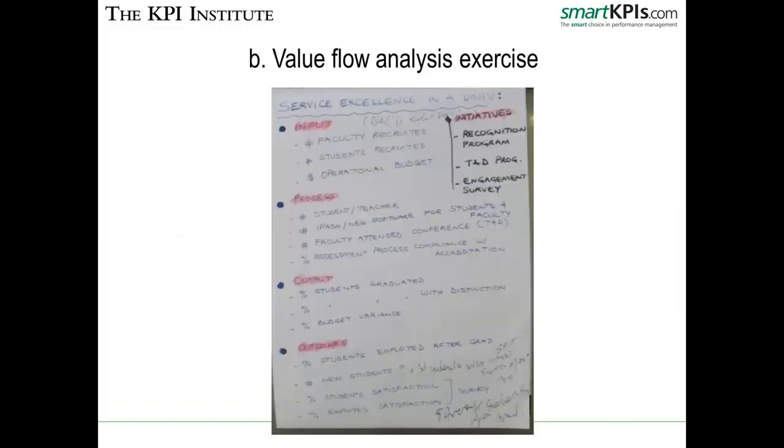Second, we have the value flow analysis exercise. What I listed here is a screenshot from an exercise that I've done in the past. It's all about selecting an objective and then analyzing what are the value generation stages in relation to that objective. What inputs do we need to put in place and how are we going to measure these inputs?